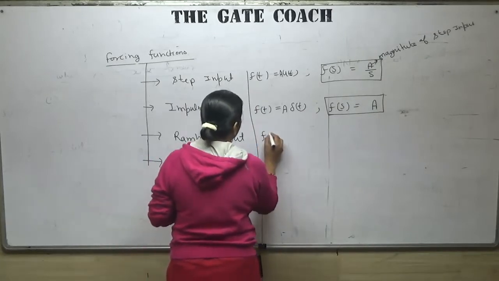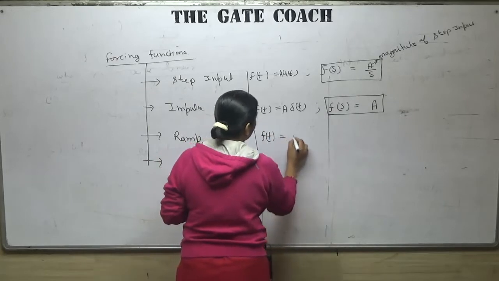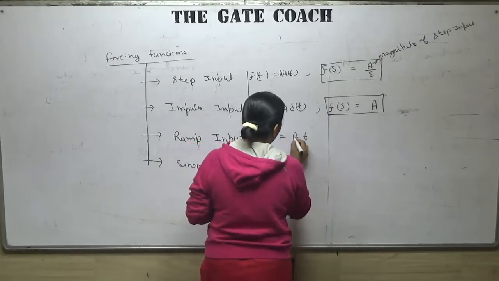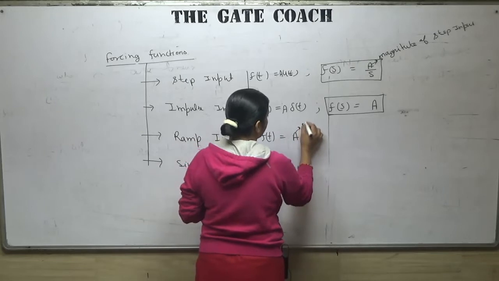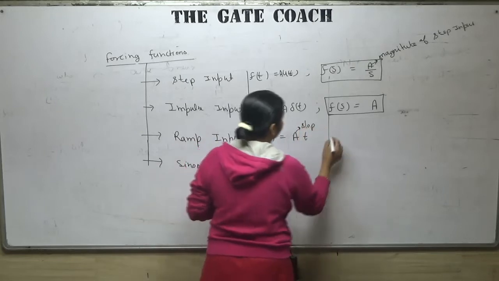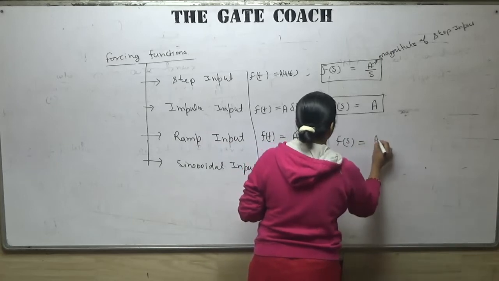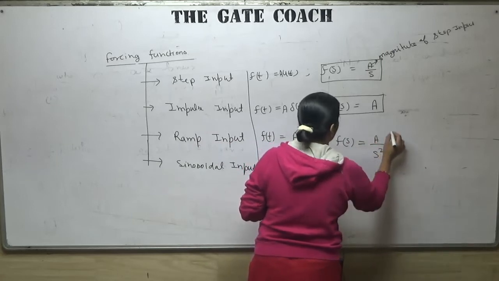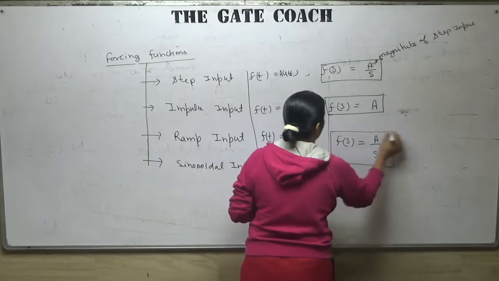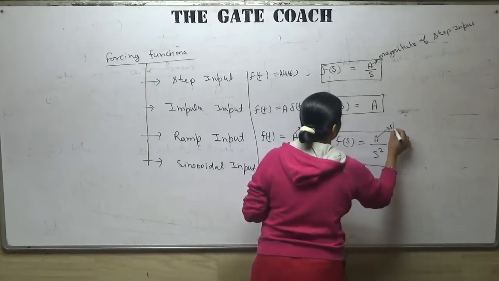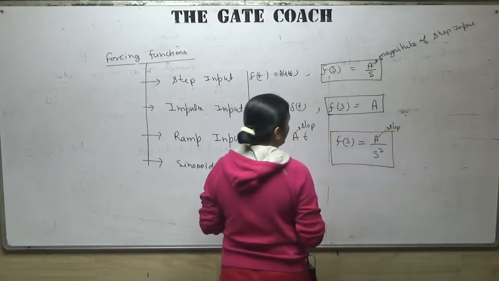The function for the ramp input is f of t equals a t, where a is the slope, and its Laplace transform is a upon s square.